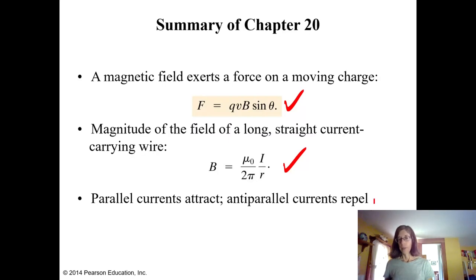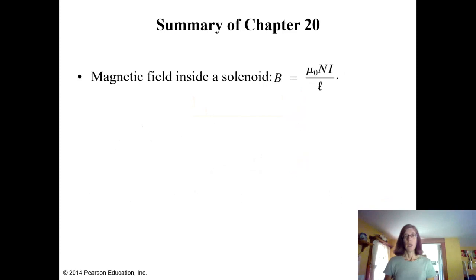We know that parallel currents attract, anti-parallel currents repel. And finally, we talked about quantitatively that the magnetic field inside a solenoid is equal to mu0, which is the permittivity of free space, times the number of turns times the current over the length. And then the final topic we talked about was mass spec. And I gave you a short example of how to do a problem to solve for the mass of an unknown element.